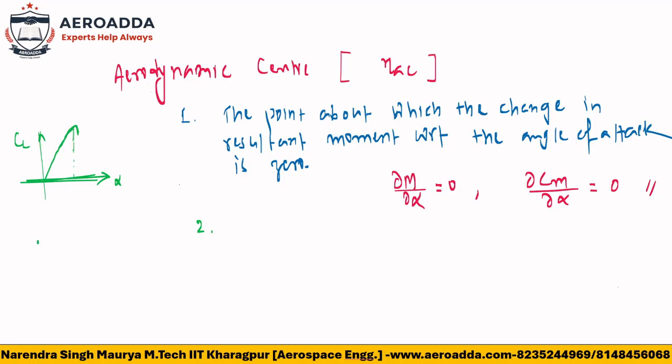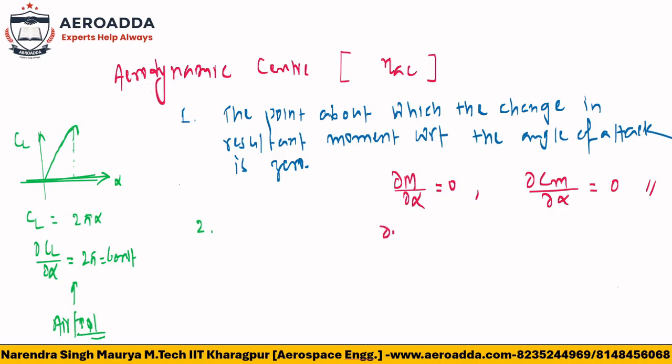And also you know for the thin airfoil the formula CL is equal to 2 pi alpha, correct? So dou CL by dou alpha is nothing but 2 pi, which is constant. This is for the airfoil, you know that. So this concept you can further use for this formulation.